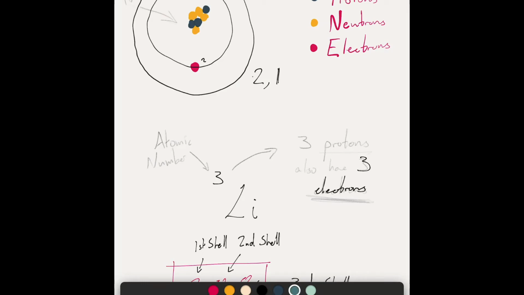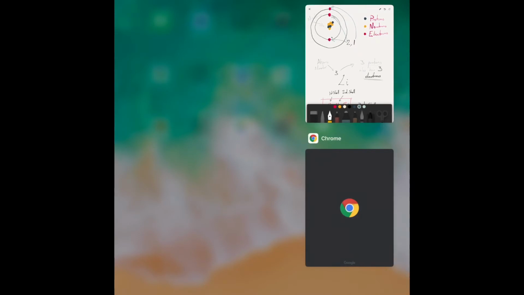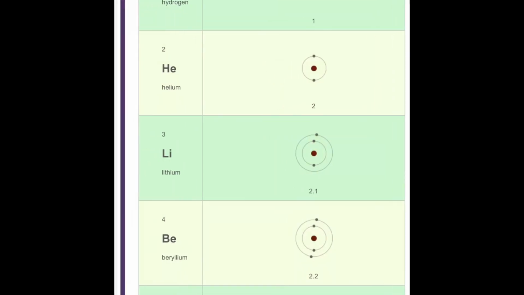Okay, so if I show you what I'm referring to, this 2 means there's an electron here and an electron here. And that's the first number, how many are there on the first shell, and then the second number is how many electrons are there on the next shell, and it's just 1. Okay, let's then have a look at some more examples.